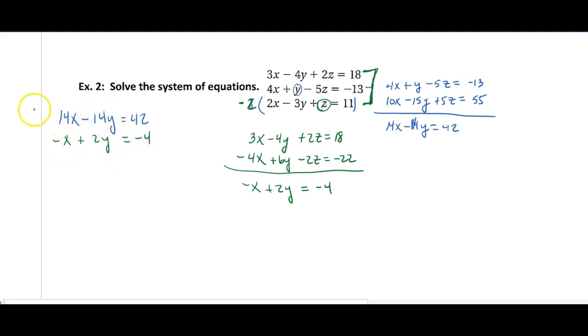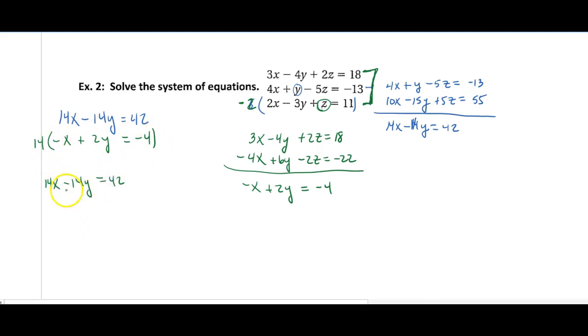Now I'm going to take this 2 by 2 and solve for one of the variables. There are many different ways I can do it. I'm going to find x and y here with this system. What I'd like to do is multiply the bottom equation by 14, and that would eliminate the x's. So the top equation stays the same: 14x minus 14y equals 42.